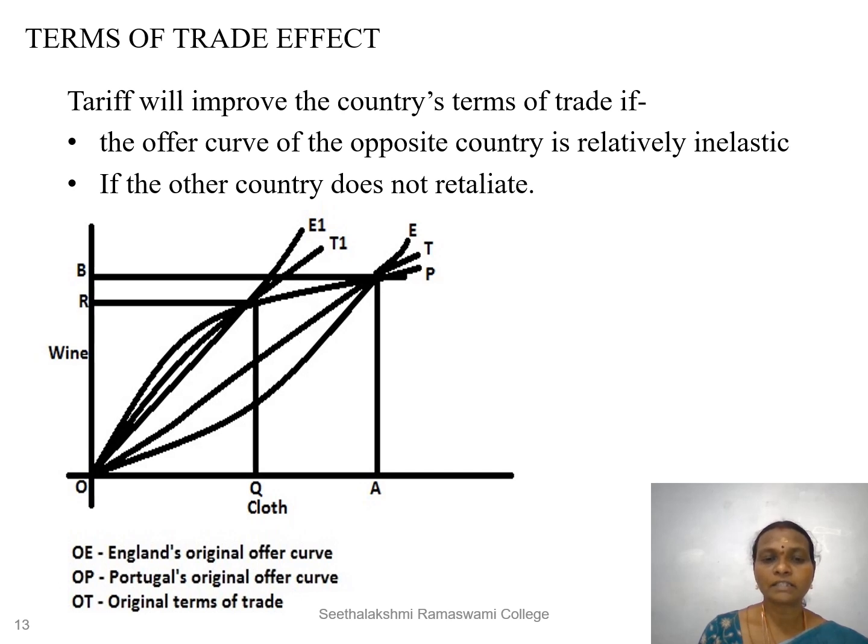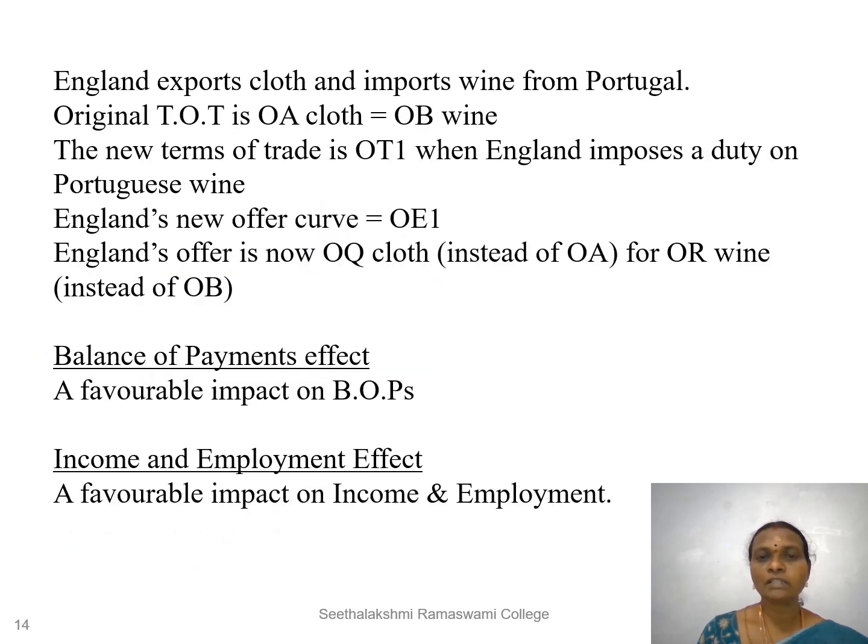One country's economic condition becomes better, because when the other country does not follow the same activity, it will be favorable for the particular country, that is, for England. When it is favorable, the balance of payment will be in surplus.